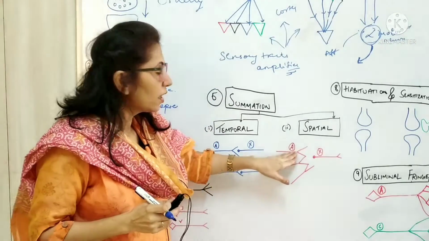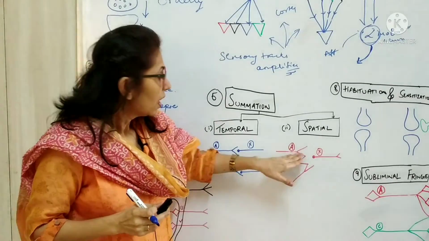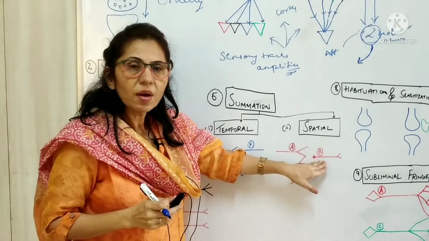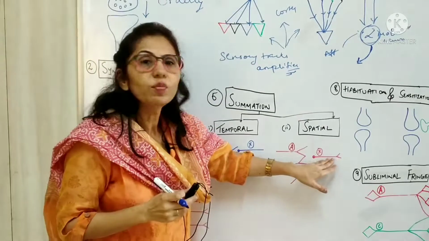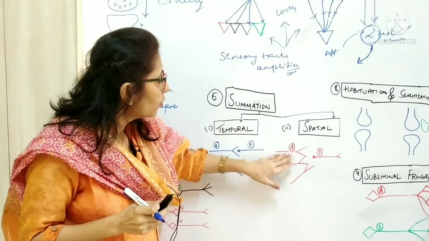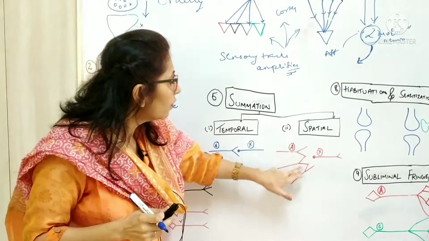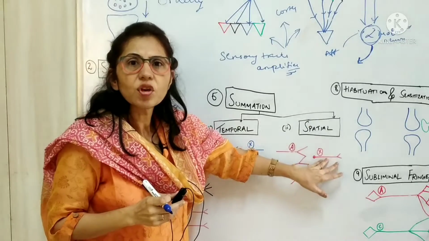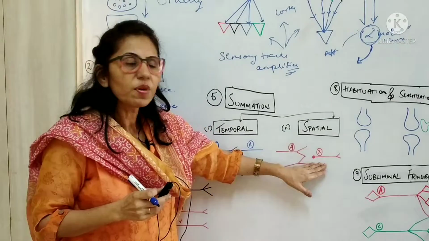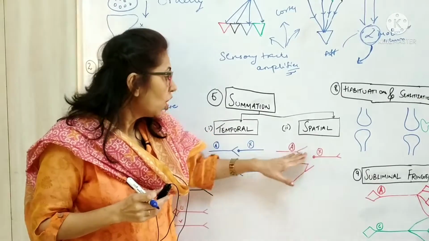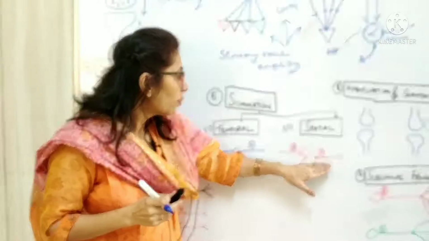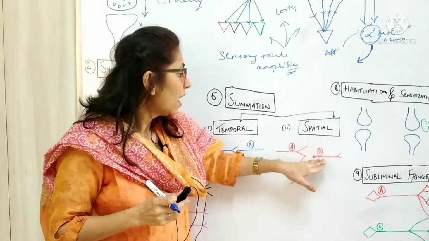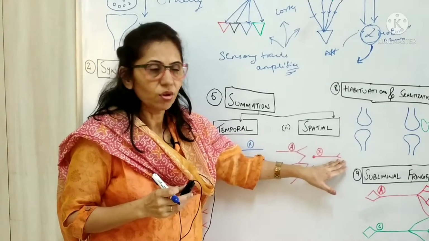So say you are stimulating a neuron, and it stimulates the postsynaptic neuron X. The electrical gradient is not sufficient to stimulate X. Now when you simultaneously stimulate all these three neurons, the EPSPs will summate and finally an action potential will be produced in X. So this type of summation is called spatial summation, where the EPSPs generated by many presynaptic neurons summate together to reach a firing level and stimulate the postsynaptic neuron.